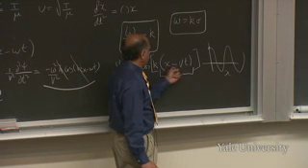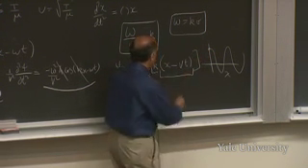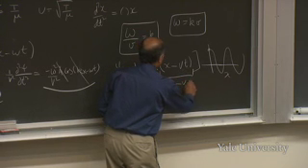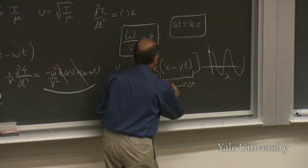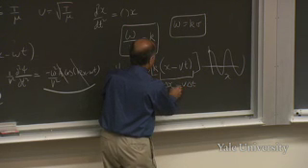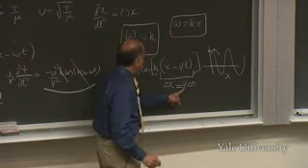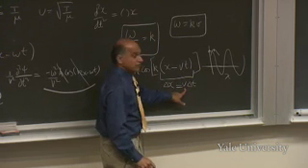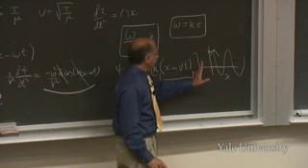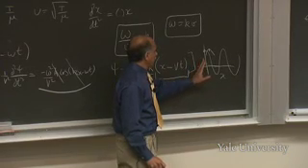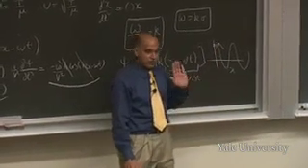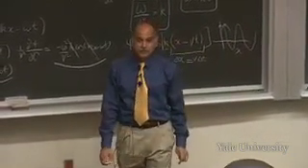Originally x was at 0 and t was at 0, you're at a maximum. A little later, after some time delta t, if you go to the point delta x so that these two numbers cancel, you're still right at the maximum. But that means delta x over delta t is v. That means if you move to the right, after time delta t, you will again find the crest. That means the crest is moving at the velocity v.